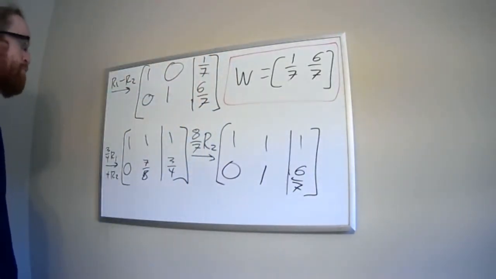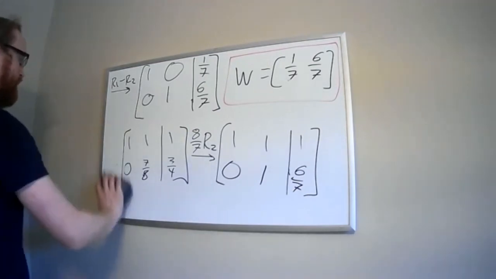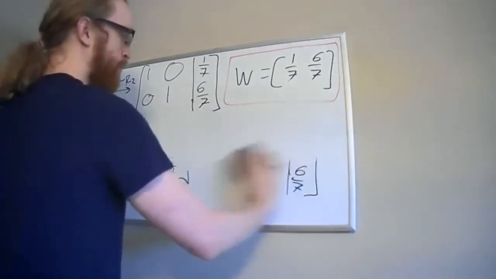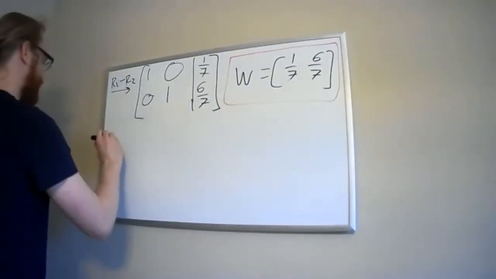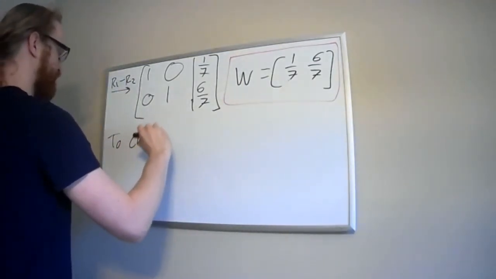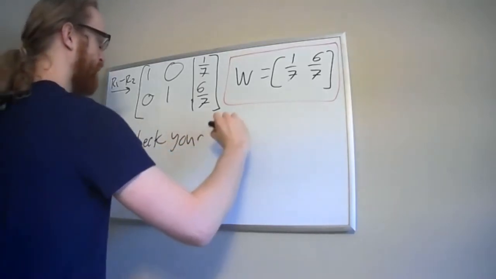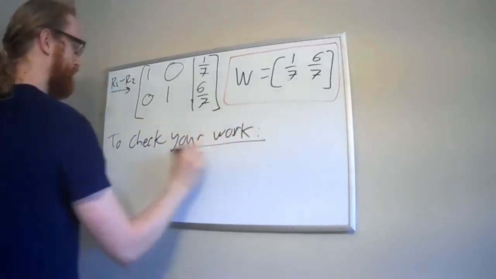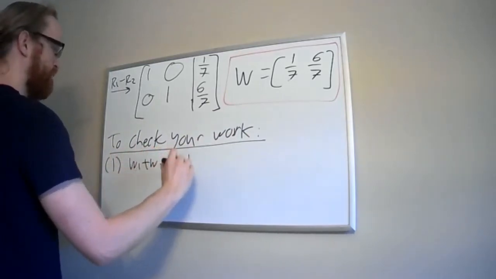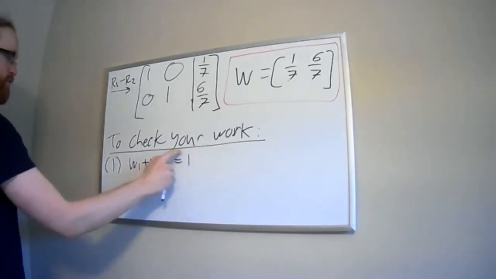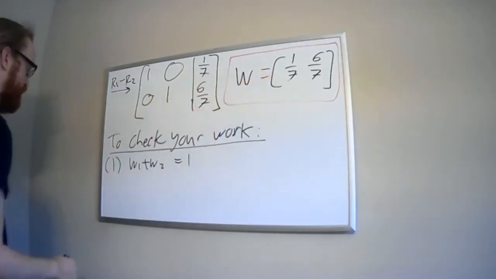We found this vector. If you want to check your work, if you're ever concerned whether or not you got the correct answer, there are maybe 2 things to check. One is that the W's add up to 1. So you might want to check that this is true. And of course, in our case, it is.